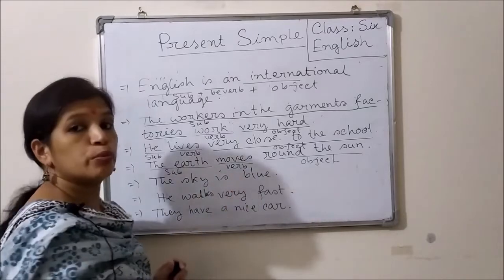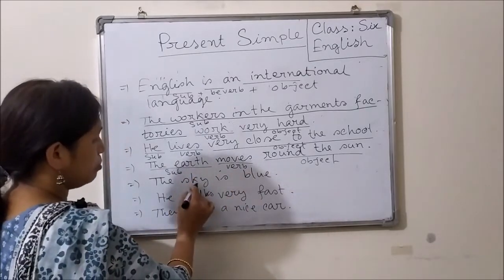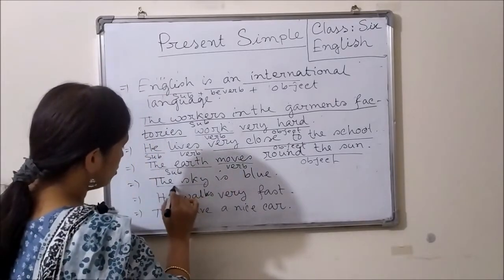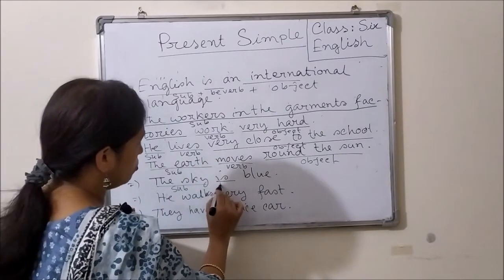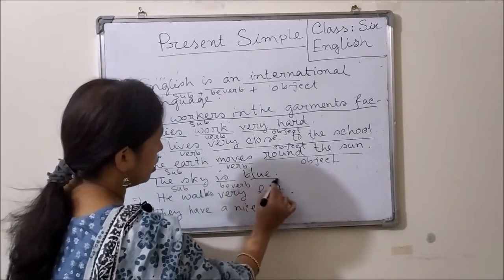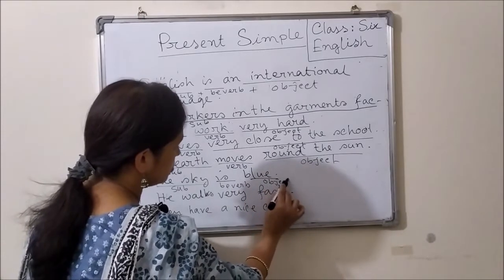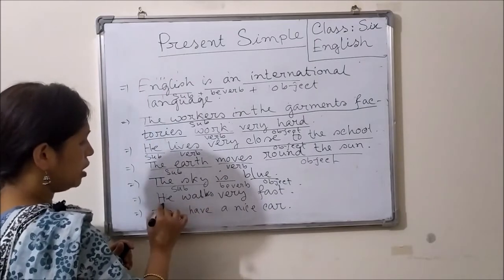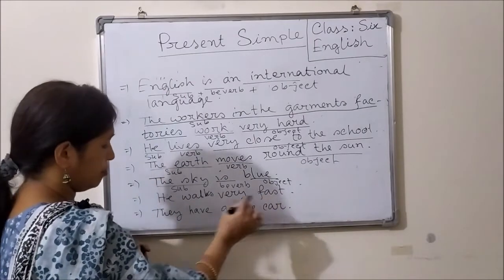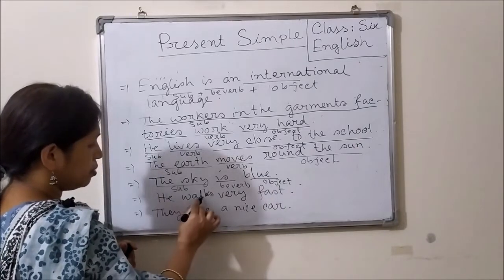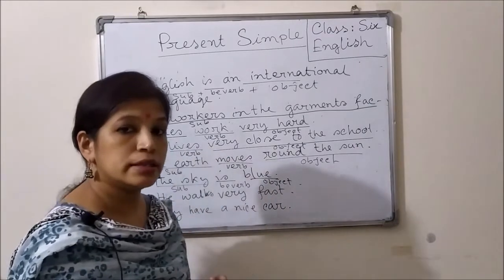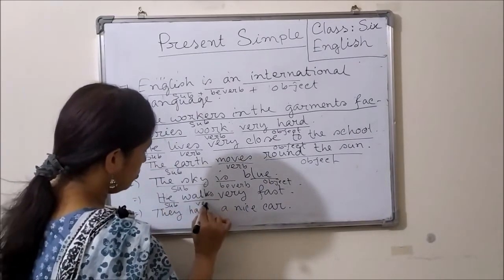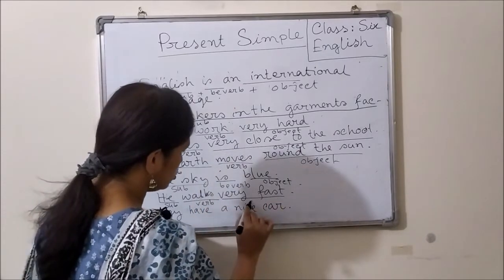Now come to the next one. The sky is blue. This example matches with structure number 1: subject plus present form of be verb plus object. Then come to the next. He works very fast. Here this sentence matches with the second structure. He is the subject, works is the verb, very fast is the object.